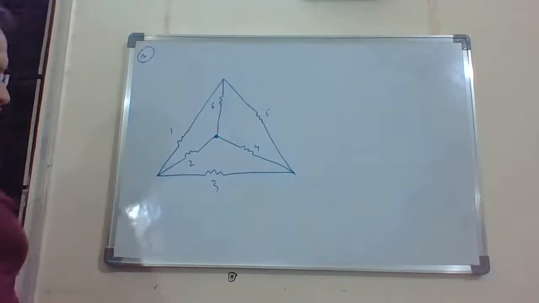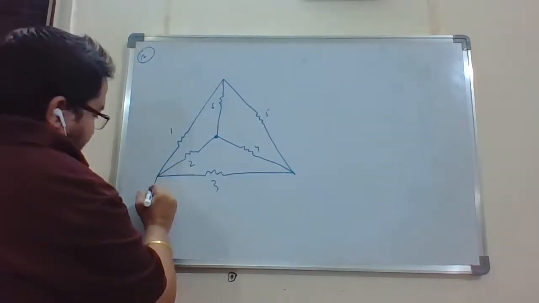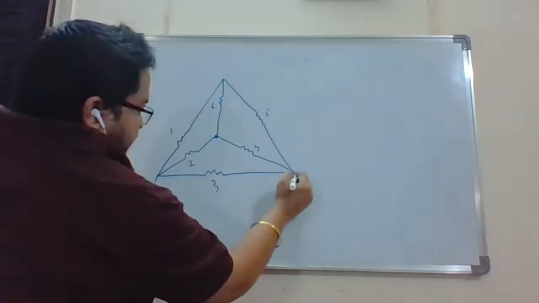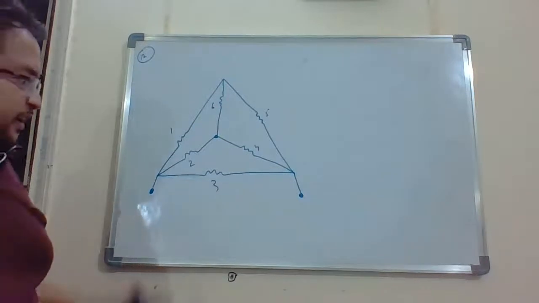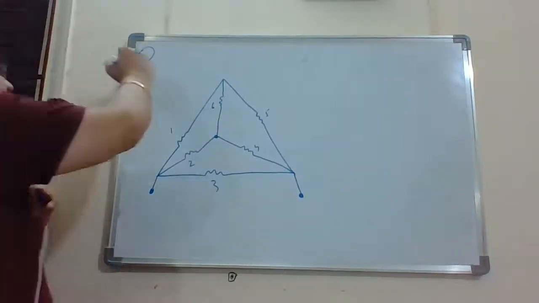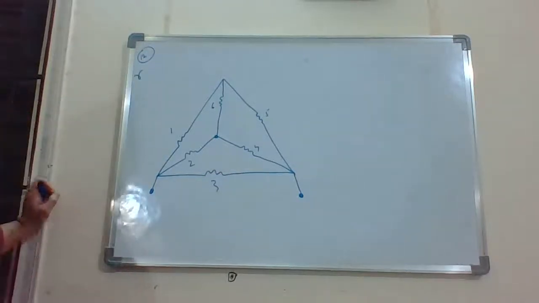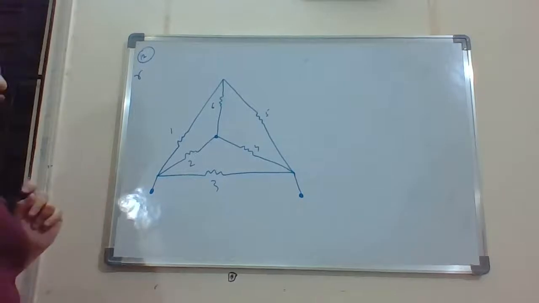I want to find out the equivalent resistance across these two points, and again, assume every resistor carries a resistance R. In this scenario, how will we solve it?